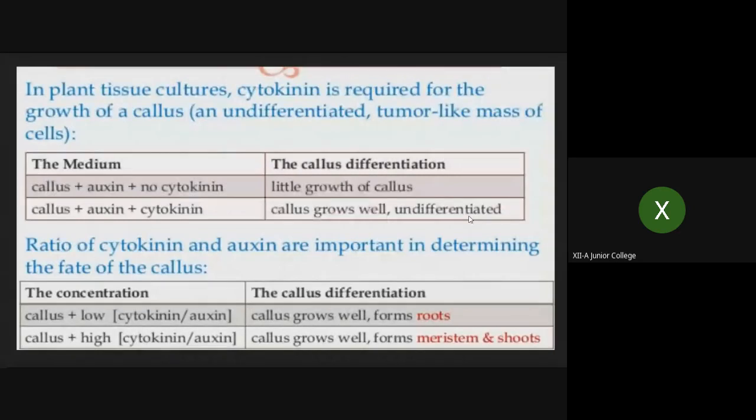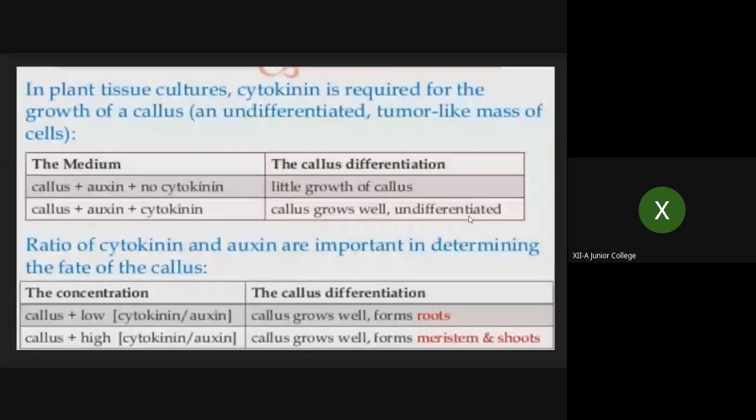So we cannot differentiate which part is shoot or root, or where the shoot or root is growing. From that callus mass, shoot or root growth is needed to convert it into the entire plant body, right?